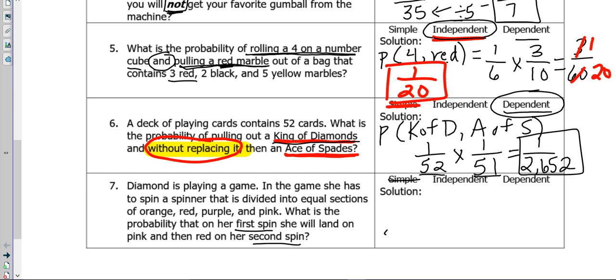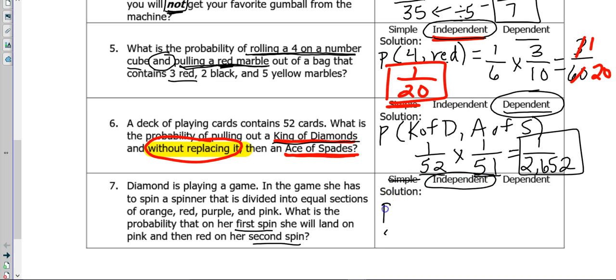At this point you need to think, does the second spin depend on the first spin? If I get an orange, for example, or a pink, is that going to make it more or less likely, or the same likely, that I'll get a red on the second? Well, the second event is not impacted by the first. So this is going to be an independent event.